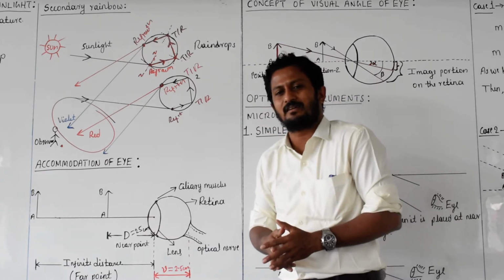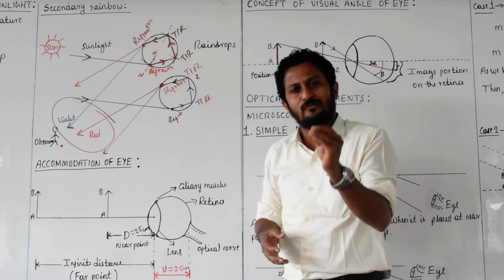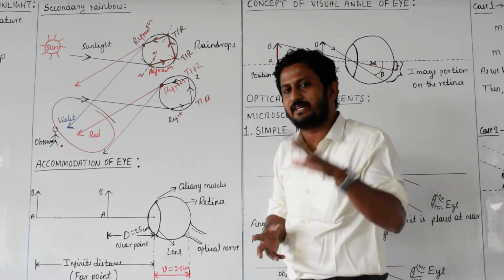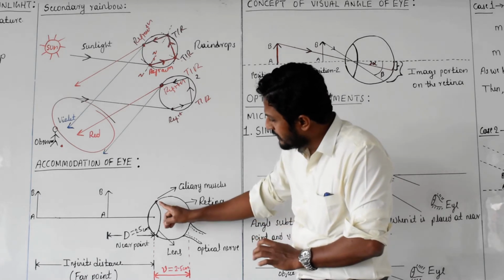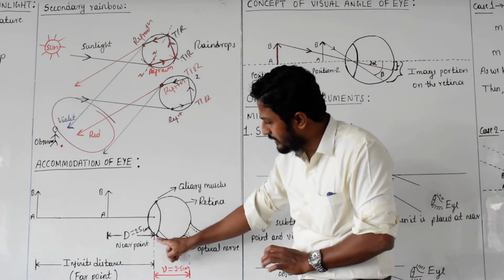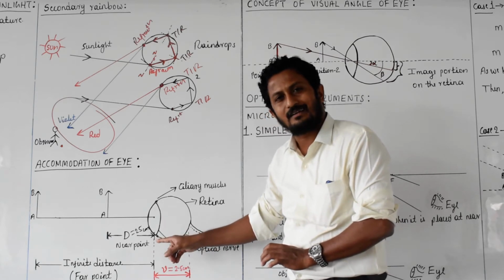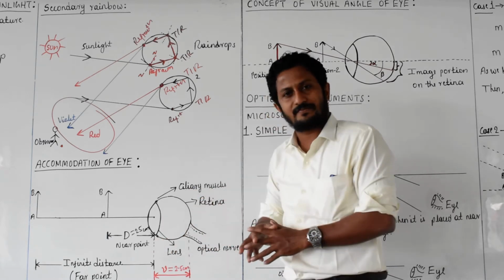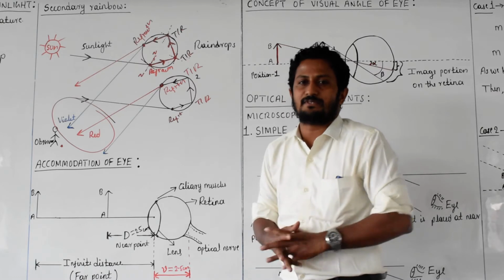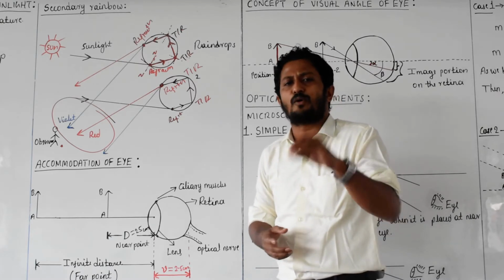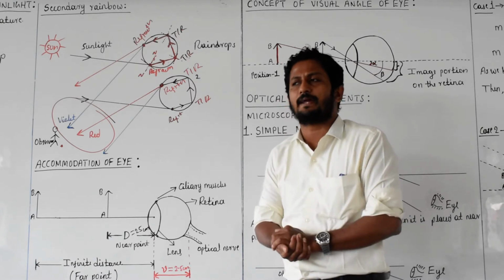Many parts are there, but we should know a few important parts of the eye. At the top and at the bottom, there are ciliary muscles. These are a very important part of the human eye.